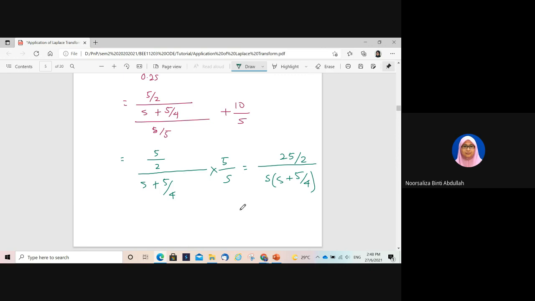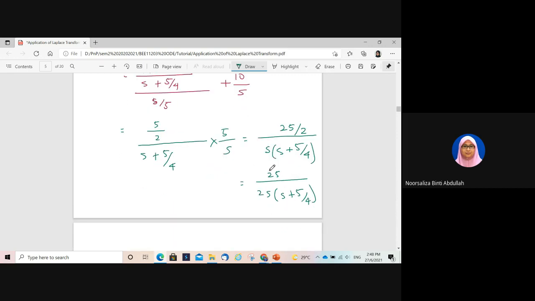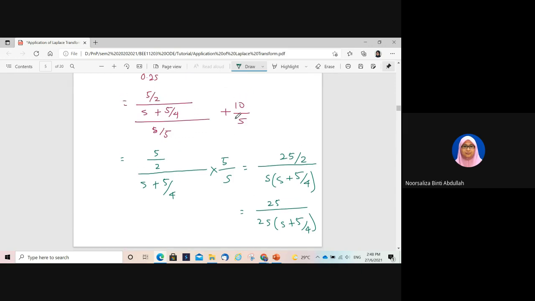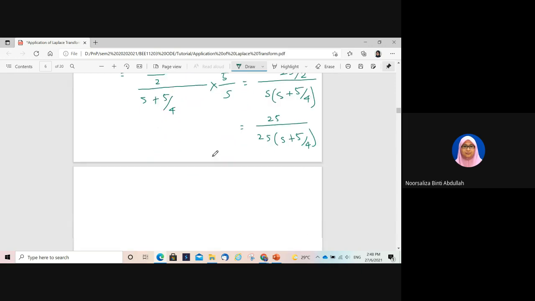Ataupun 2 ni you boleh turun ke bawah. So 25 over 2S plus 5 over 4. Okay. Ini baru yang kat sini you belum plus dengan 10 over S lagi. Okay.